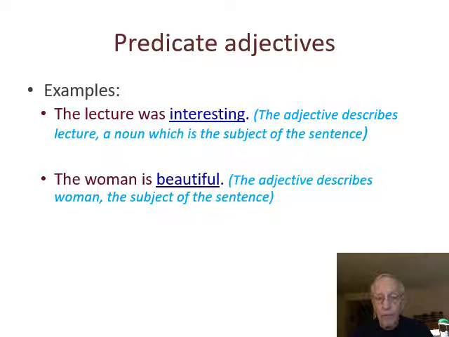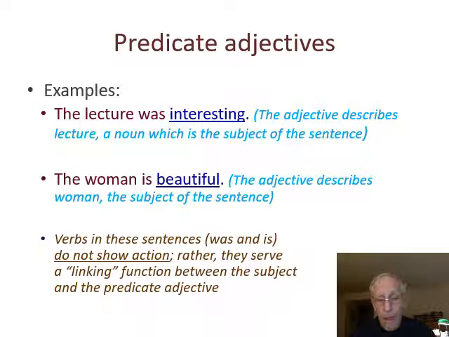Is the linking verb. Beautiful is a predicate adjective, modifies woman. Notice that the verbs in these sentences, that is, was and is, do not show action. They serve only one function, and that is a linking function between the subject and a predicate adjective, or in some cases a predicate noun.